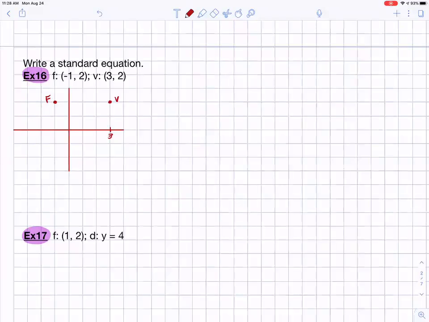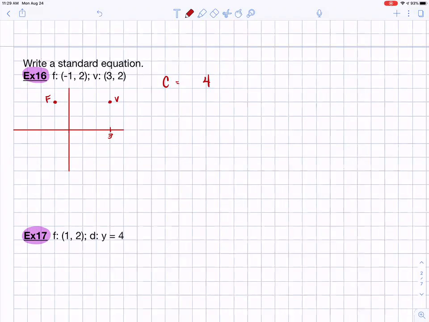Yeah, how? Right, it's just the distance between the vertex and the focus. How far apart are they? 4 units? Oh, guess what? My C is 4. Okay, now let's go ahead and start writing our equation.